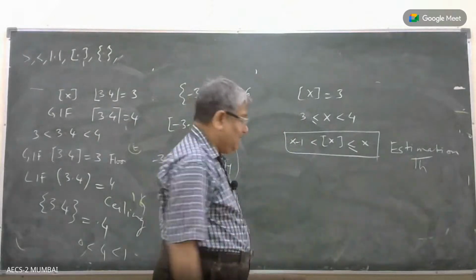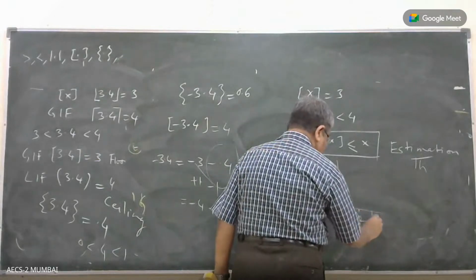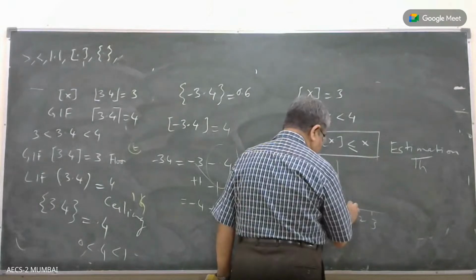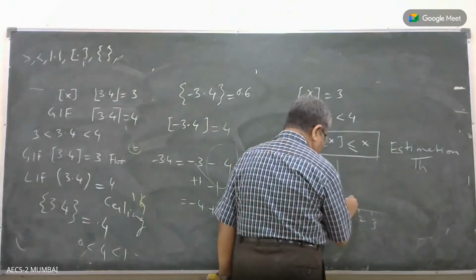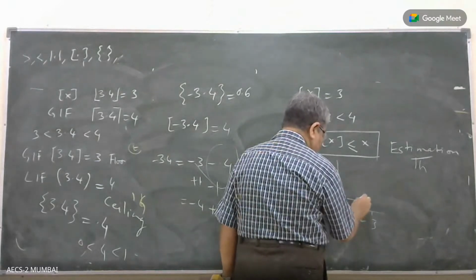And let us see what it is. This greatest integer function is like this: 0 to 1, 2, 3. If you want to plot it, from 0 to 1 it will be this, and then it will have a jump of 1, right? And then it will jump here.